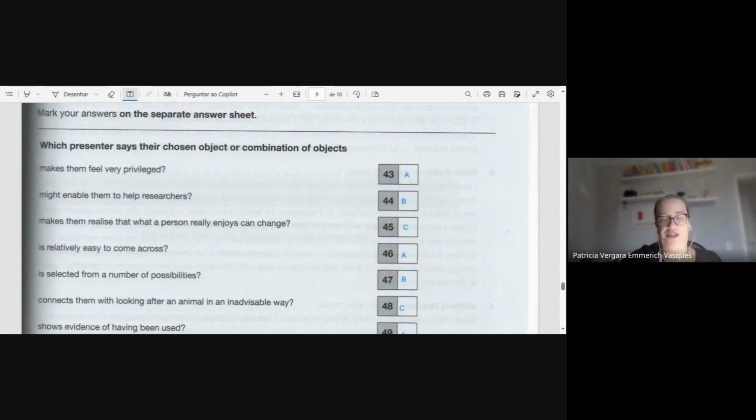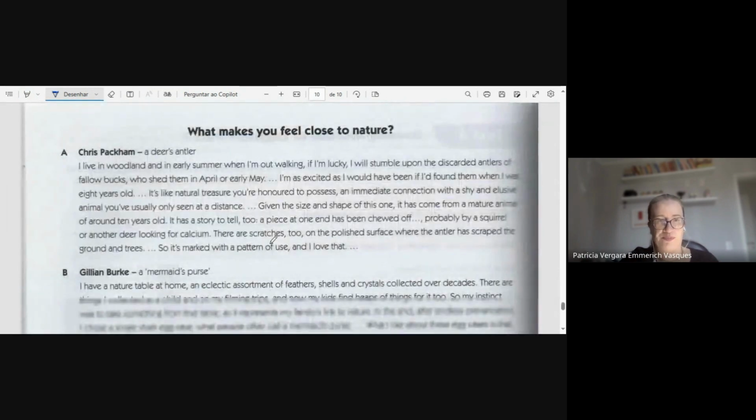Because that's the point, yes? Now, which presenter says their chosen object or combination of objects makes them feel very privileged? So this is in letter A here. Let me show you.